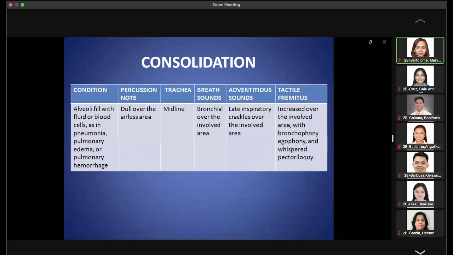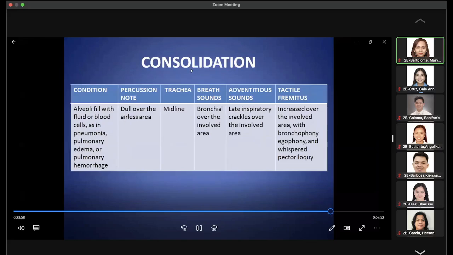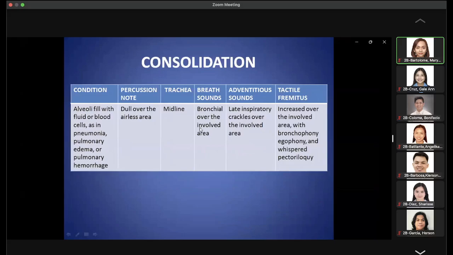In consolidation, as we've discussed earlier, the condition in which the alveoli are filled with fluid or blood cells, as in pneumonia, pulmonary edema, or pulmonary hemorrhage, you can appreciate dullness over the airless area, bronchial breath sounds over the involved area, possibly late inspiratory crackles, and an increased tactile fremitus over the involved area.